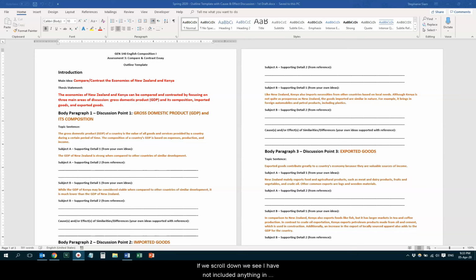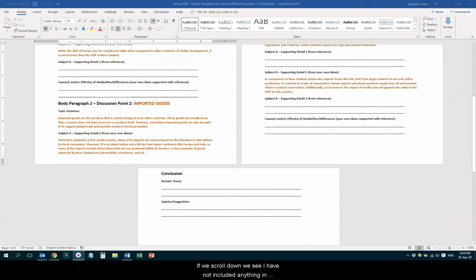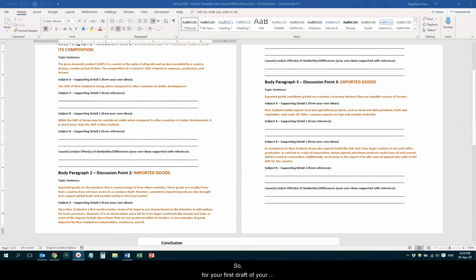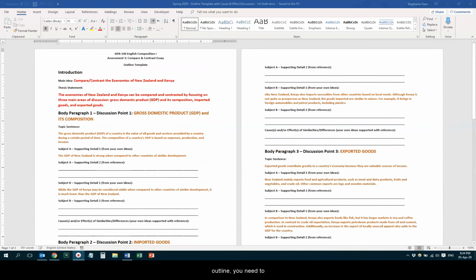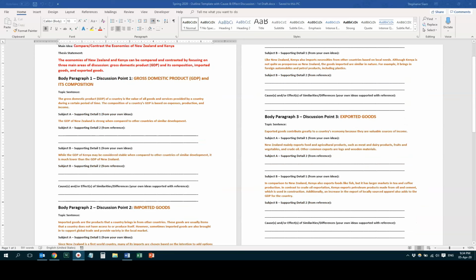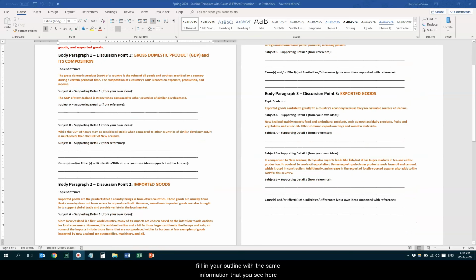And if we scroll down, we see I have not included anything in the conclusion so far. So for your first draft of your outline, you need to fill in your outline with the same information that you see here in brown.